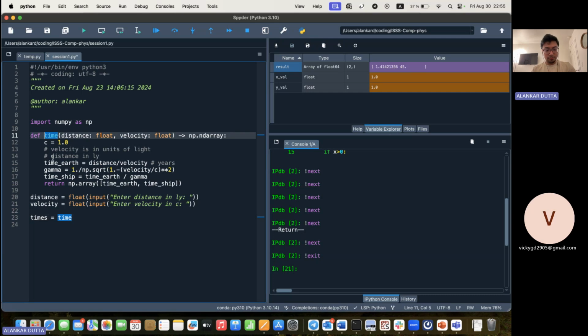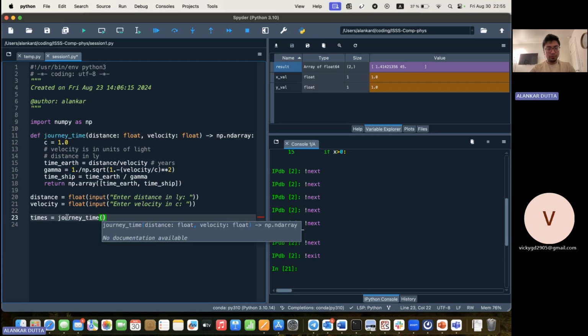Let's call it journey time, so we are going to call journey time with the distance and velocity.